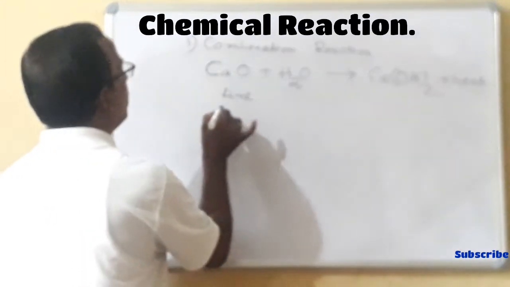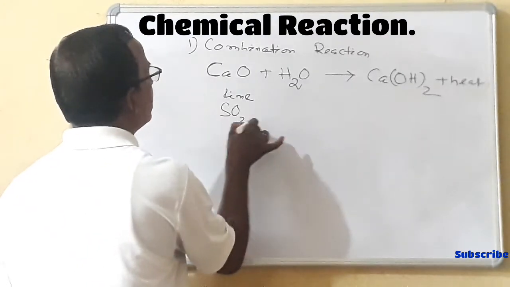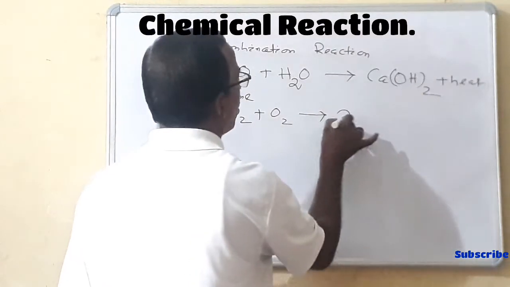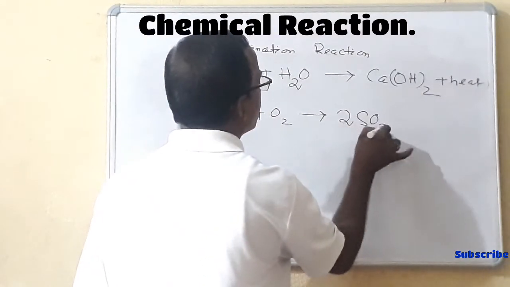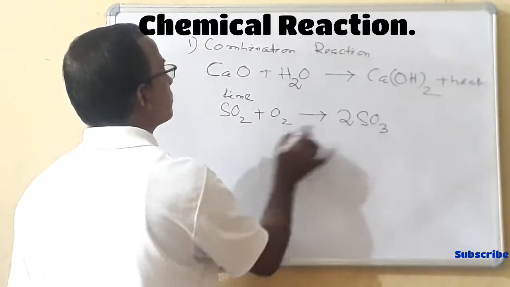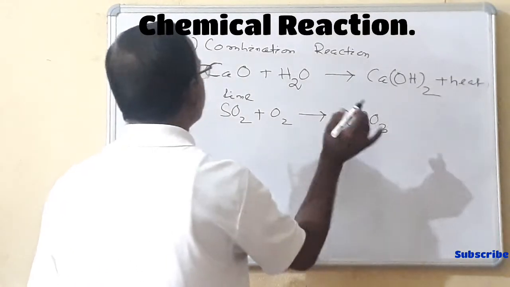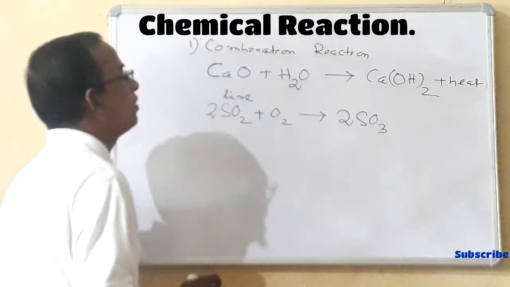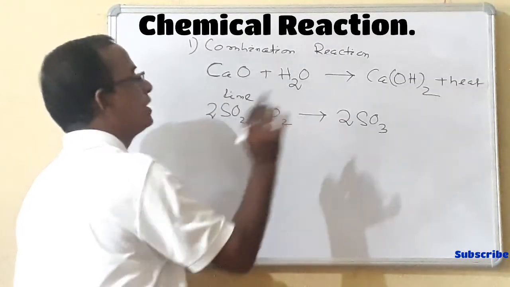Similarly, sulfur dioxide reacts with oxygen to produce sulfur trioxide, SO3. To balance it, oxygen is 6 on this side, so 2 is multiplied, giving 2 sulfur and oxygen 6.